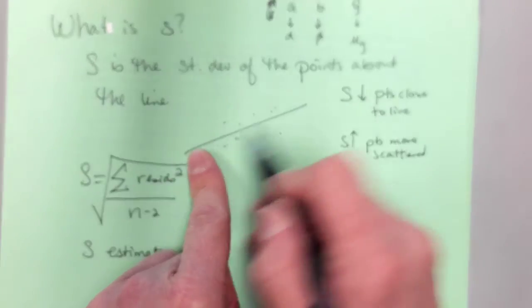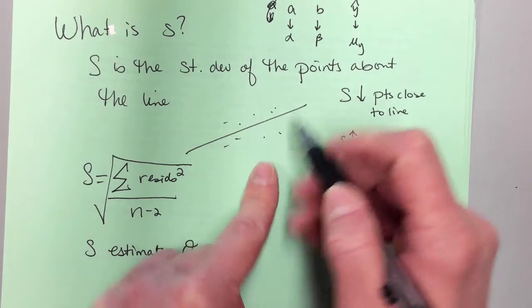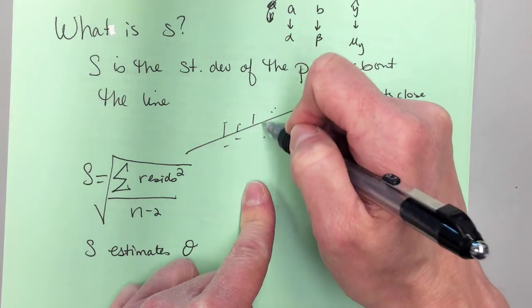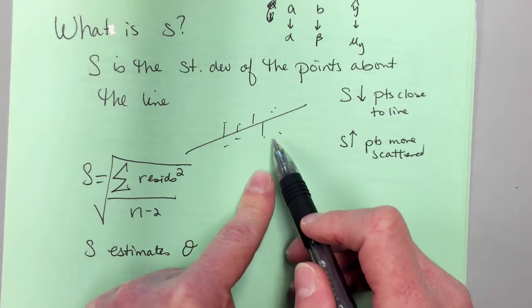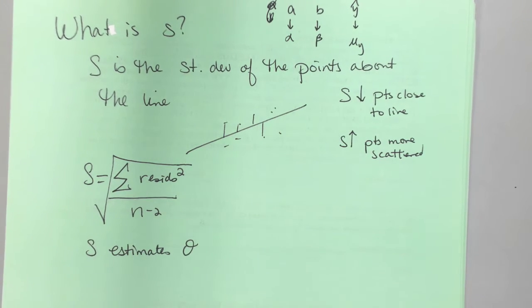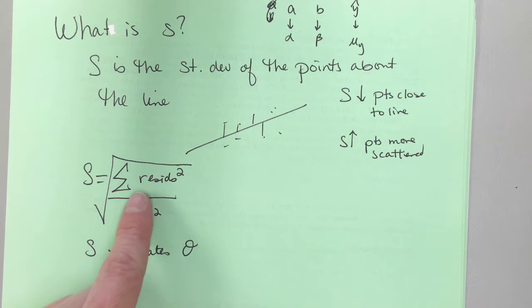So let's pretend this is my LSRL, and these are my points scattered around the line. Well, the way that we measure how points are scattered around the line is we look at residuals. So it should make some sense that S is talking about the standard deviation, the average variability of the points around the line. Well, that's kind of like the standard deviation of the residuals.